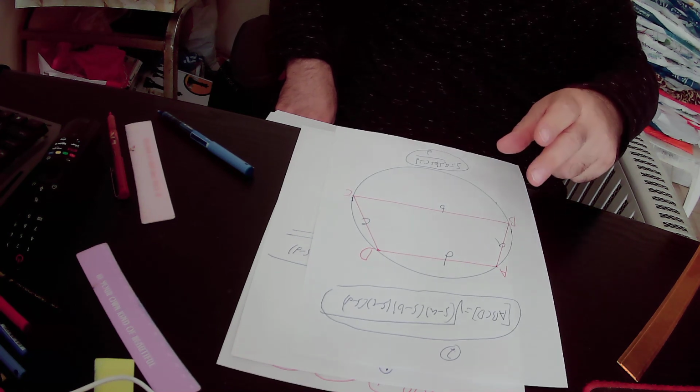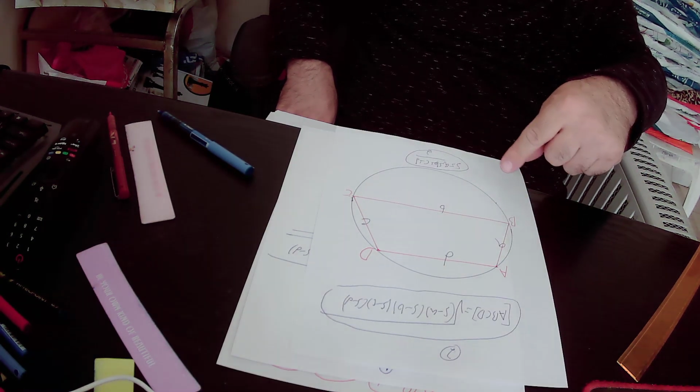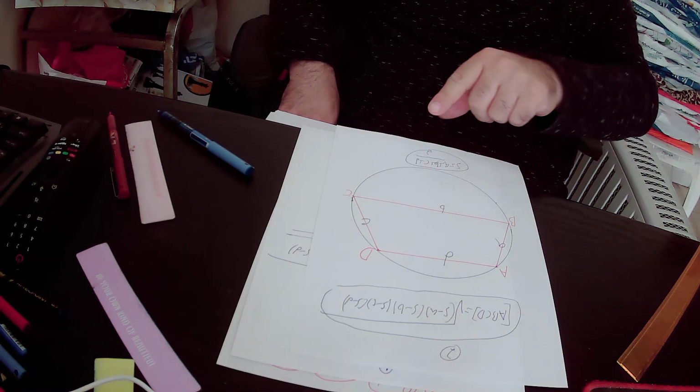This quadrilateral ABCD in the red color is inscribed by this blue circle.